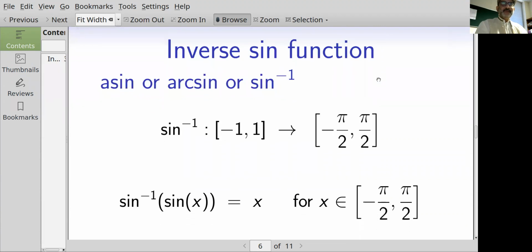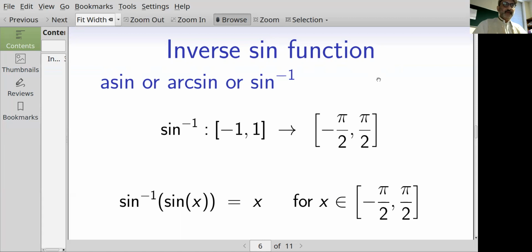This inverse has various names: inverse sine, asine, or arc sine, or sine to the minus 1. If you see sine to the minus 1, it doesn't mean 1 over sine, it means the inverse function of sine. So sine to the minus 1 maps from minus 1 to 1 to minus pi over 2 to pi over 2. It acts in the opposite direction.